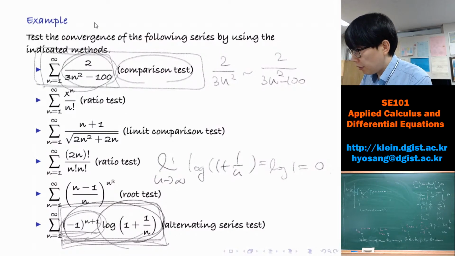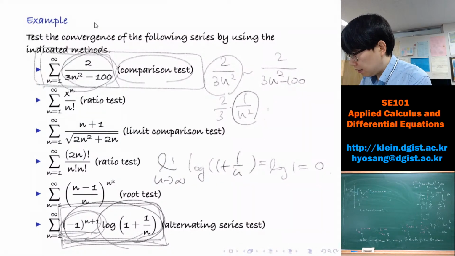So ignoring the minus 100 in the denominator, this is nothing but 2 over 3 times 1 over n squared. This has the 1 over n to the p form, where p equals 2. By the p-test, when p is bigger than 1, this converges.